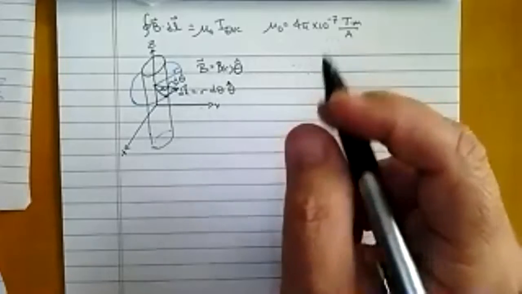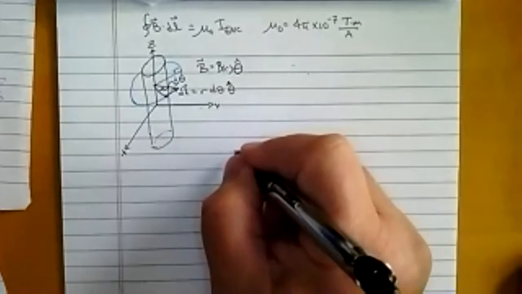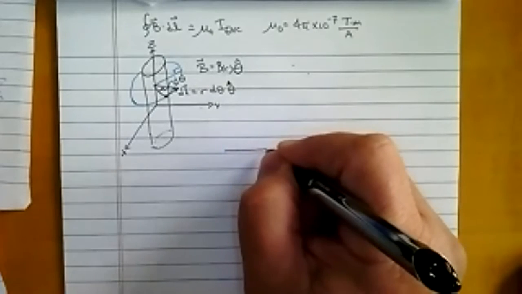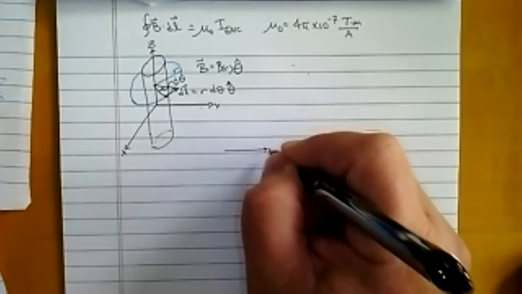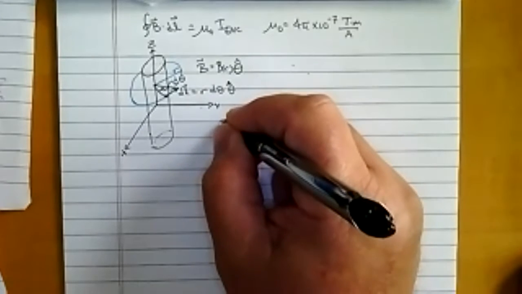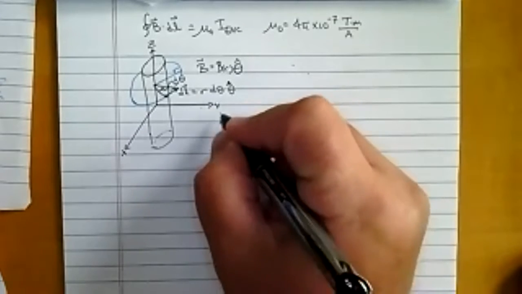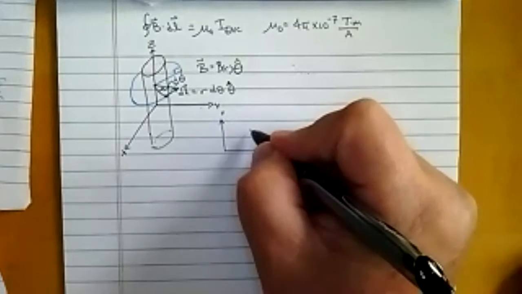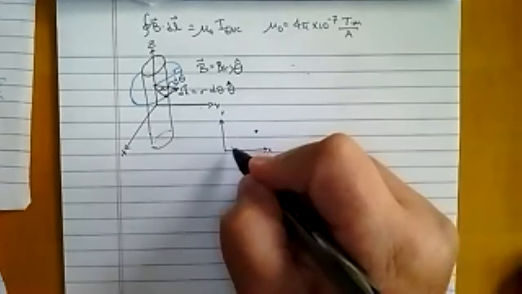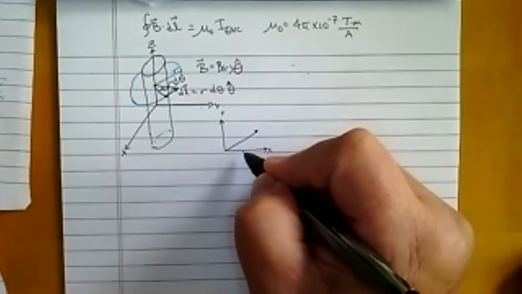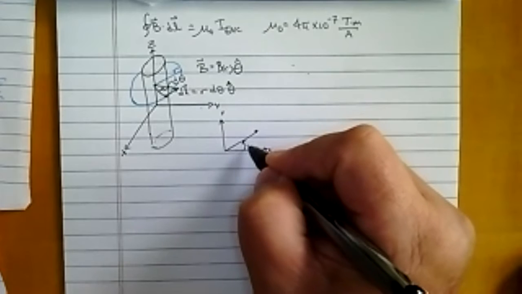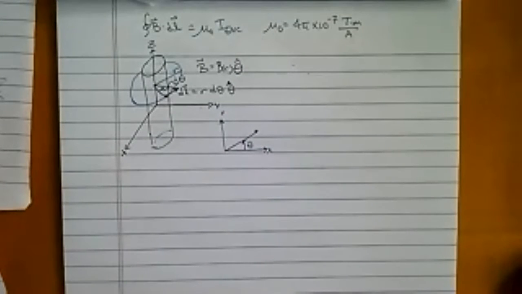Now, if you look from above at the XY axis, let's say this is X and this is Y. I want to just show you what theta hat and all that good stuff is. So if we take an arbitrary point in space right here, the angle theta that we're talking about is a counterclockwise angle measured from the positive x-axis.